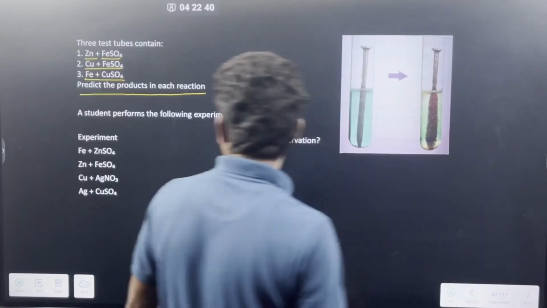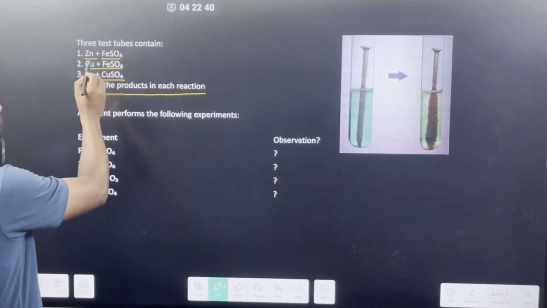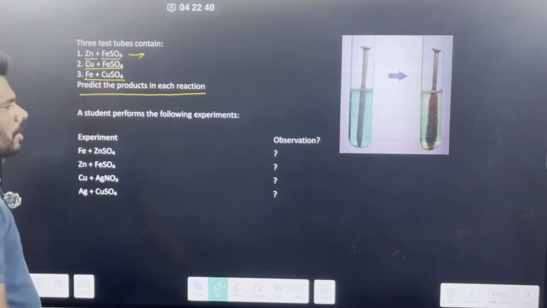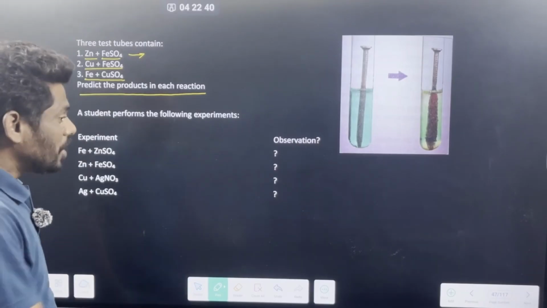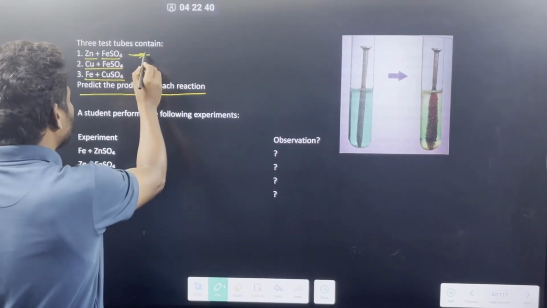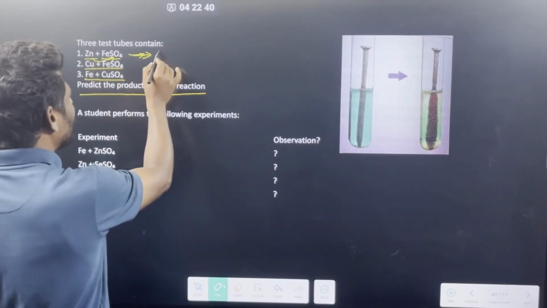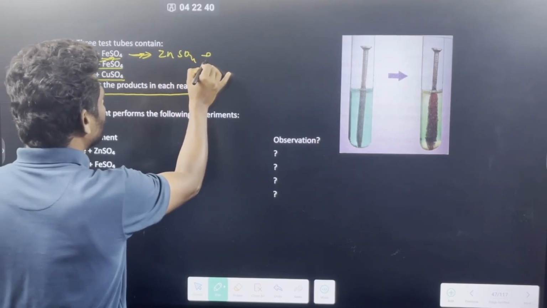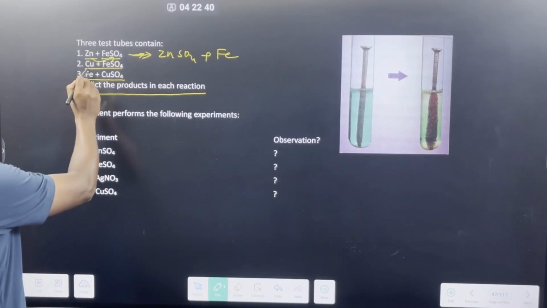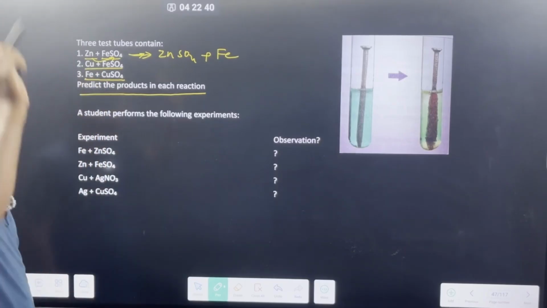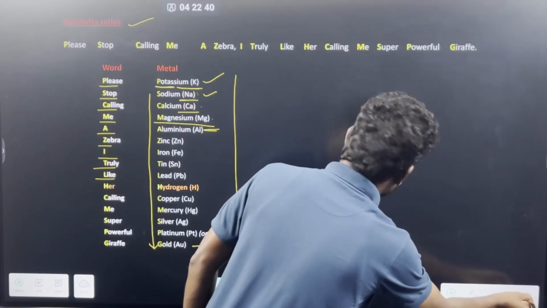So now, to answer those questions, just very simple. See, look at the possibility. For example, look here, zinc, iron, which is at the top? Zinc is at the top. So that's why here zinc can displace the iron. So we get zinc sulfate plus iron. Look here, copper plus iron sulfate, which is at the top in the reactivity series?